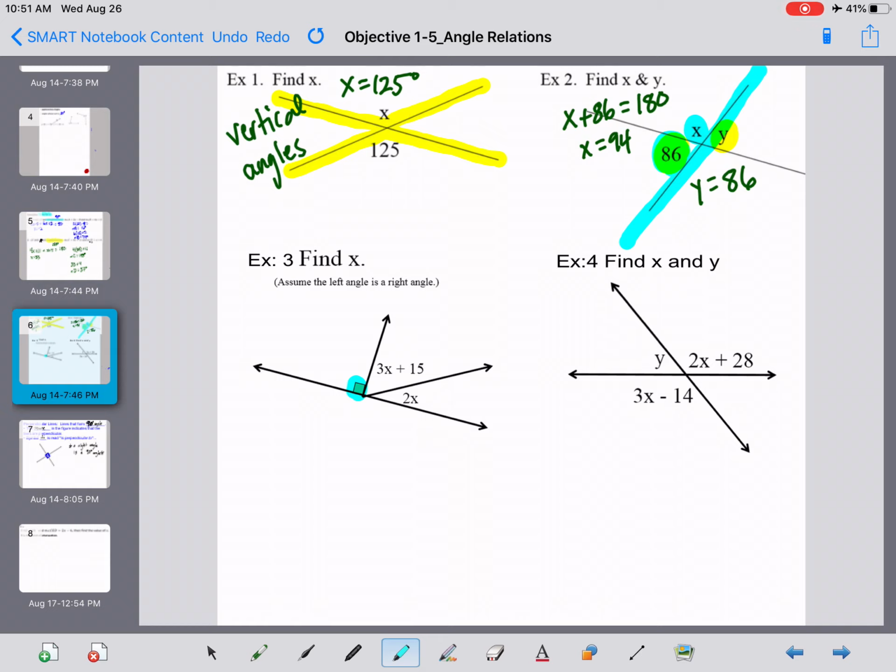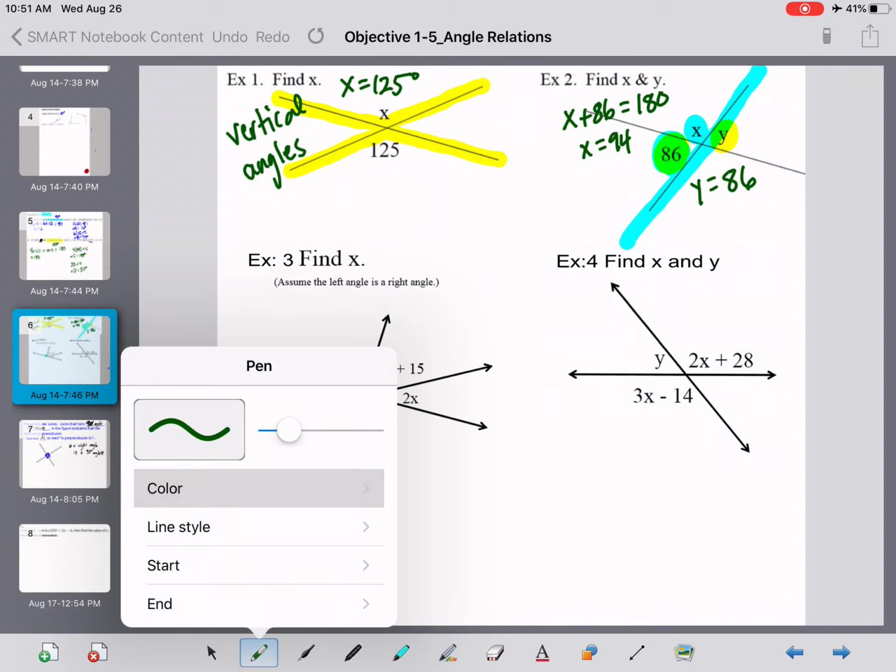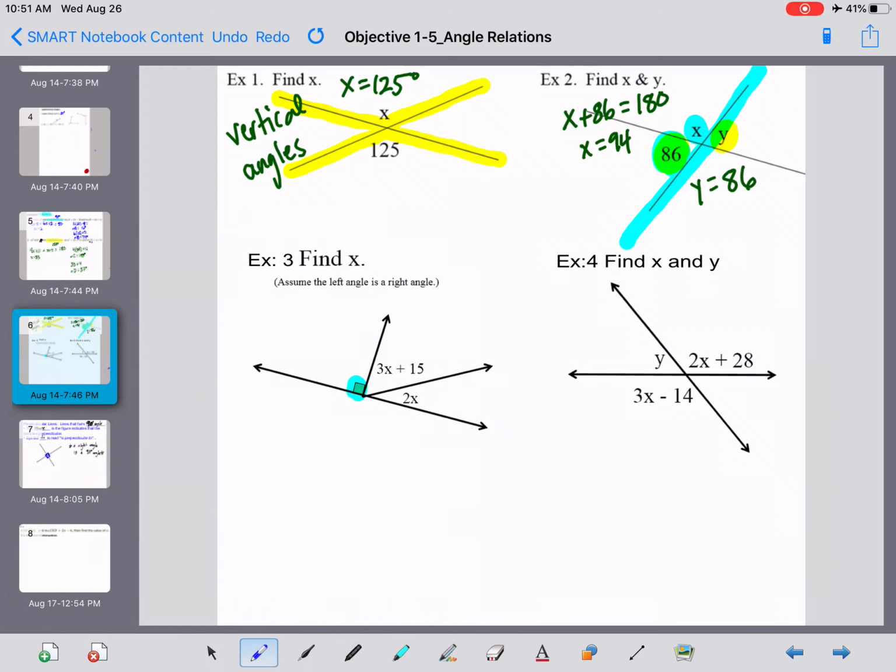And I don't know how much you remember about right angles, but if you've got a right angle on one side, then on the other side, that's also a right angle. What does a right angle equal? Like what are the degrees? 90. So right angle equals 90 degrees.